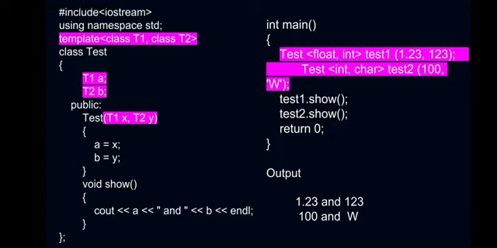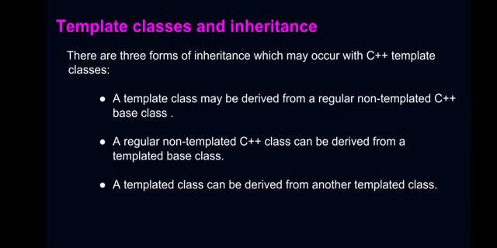Okay, now we'll see inheritance. How are these generic classes used with inheritance? Whenever we are creating template classes, generally we will use them with inheritance. There are 3 forms we are going to see. When we have inheritance we'll have a base class and a derived class.